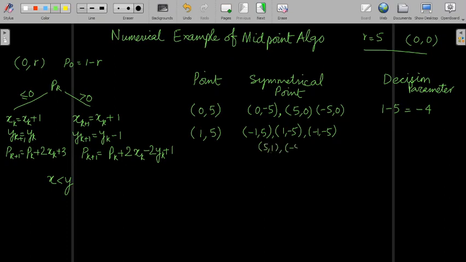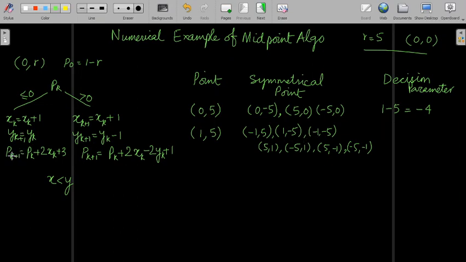You have minus 5, 1. Then you have 5, minus 1. And in the last, minus 5, minus 1. So 1, 2, 3, 4, 5, 6, 7, 7 points out of symmetry for 1 point. So in total, you get 8 points while you have calculated just 1.